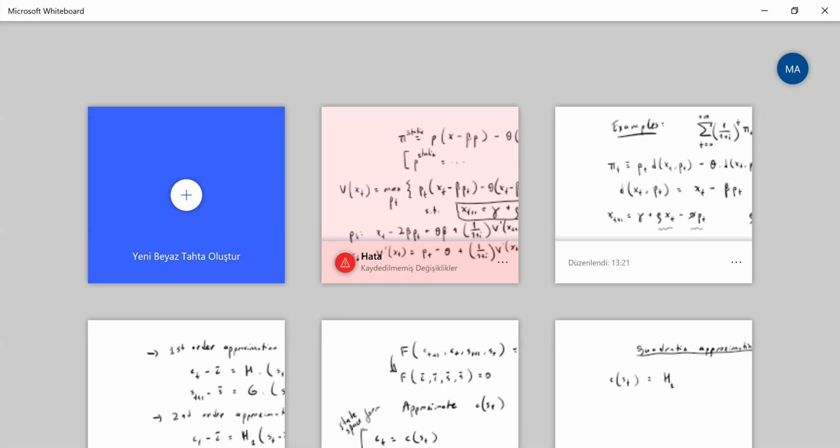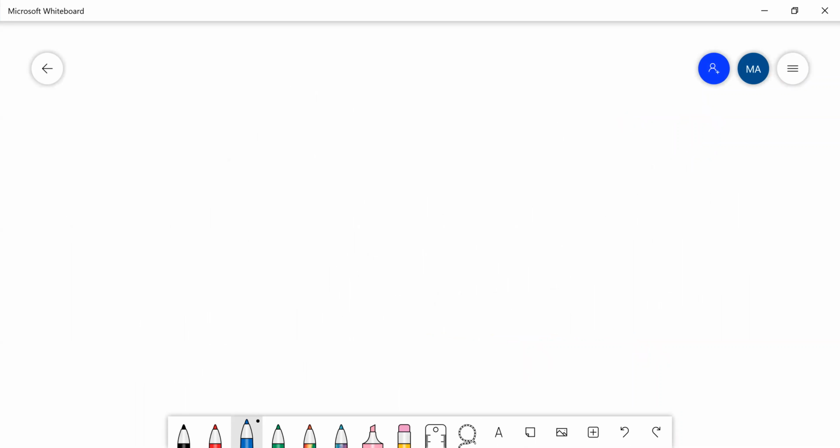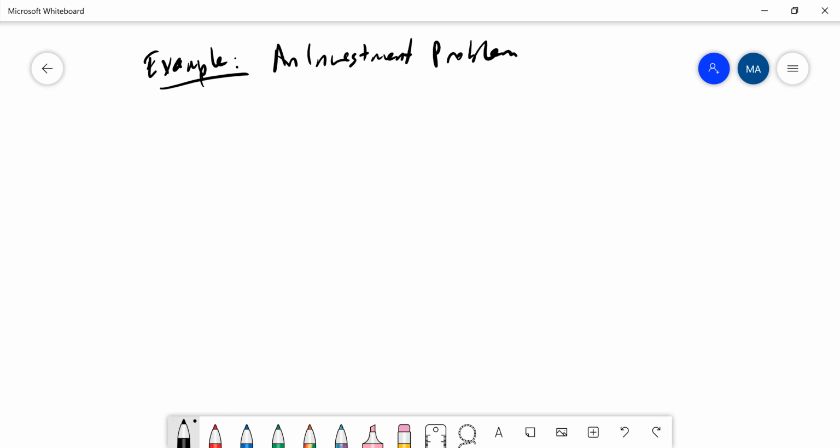Now, my second example will be another example, a firm problem, so an investment problem. So we actually studied the continuous time version of this, okay? But here you will see the discrete time version.